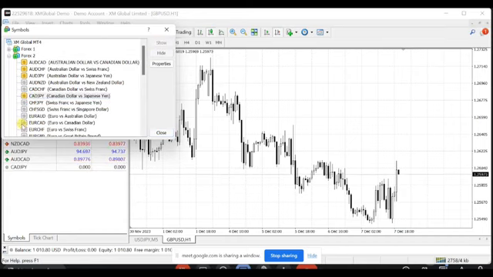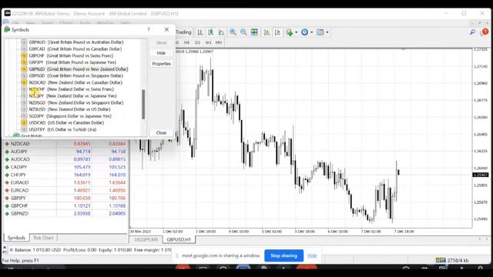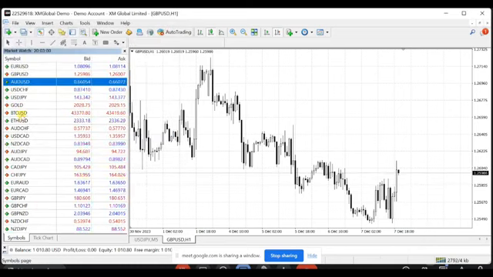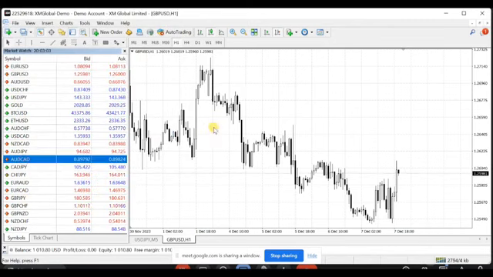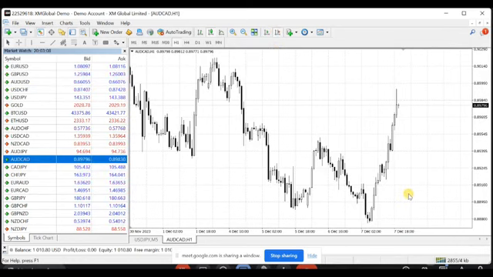Most pairs here have been turned off, so I want to bring in as many pairs as possible, so we have enough to work with. Okay, I think we have some NZDs too. NZD CAD. Okay, that one is already there. NZD CHF, NZD JPY. Okay, so let's bring in, let me see, AUD CAD.